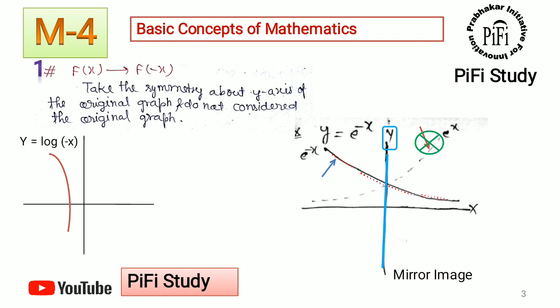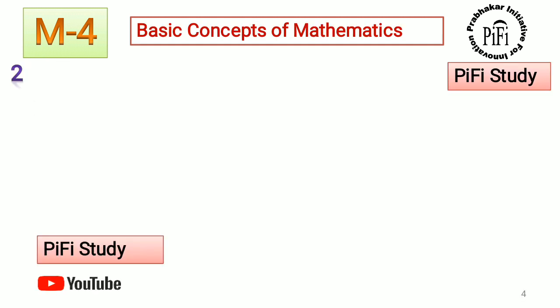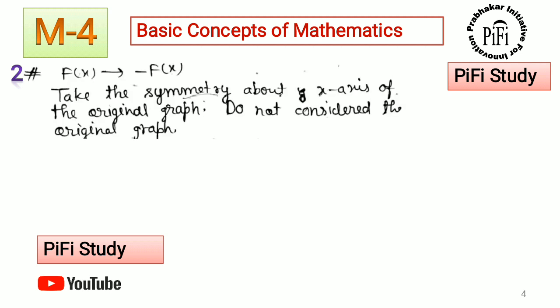So next, second is f(x) to -f(x). How can we plot the -f(x) graph? Take the symmetric about the x-axis of the original graph and do not consider the original graph, like this.